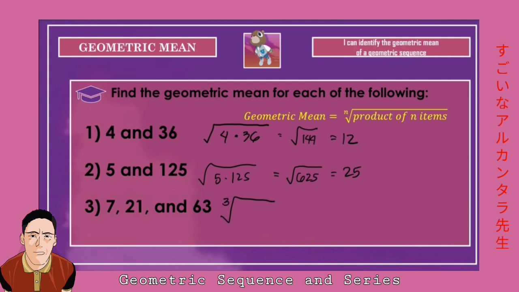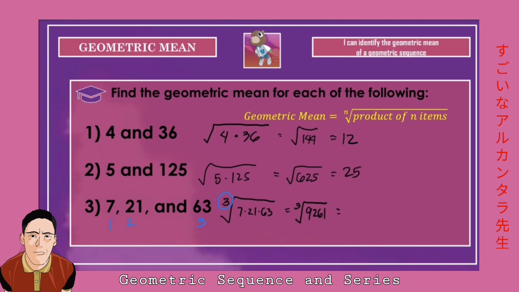Now how about here? We will have the cube root. Why is it cube root? Because you have 1, 2, 3 terms. So multiplying them, 7 times 21 times 63 is going to be the cube root of 9261.